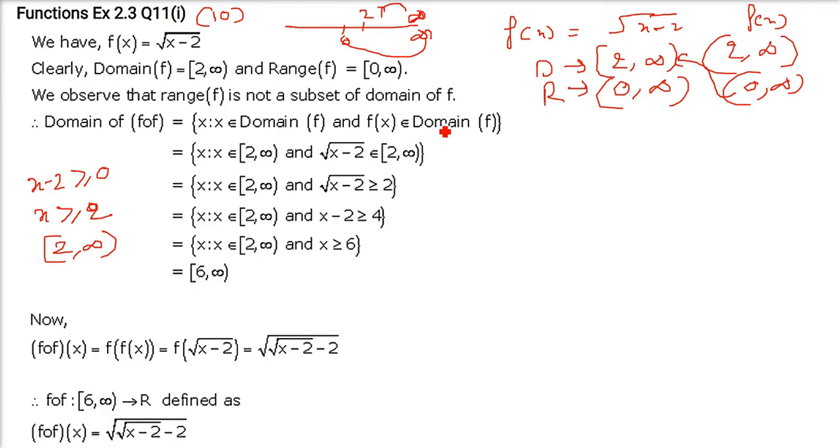So we have to apply all the 4 parts. How do we write? Domain of f of f we are writing. Domain of f we have already found out. Now domain of f of f. F of f of x. So f of x will go inside f of x, as the x for the other f. So the domain of f of f is the set of x such that x belongs to domain of f, and f of x belongs to domain of f.